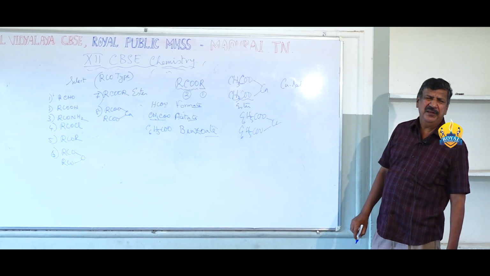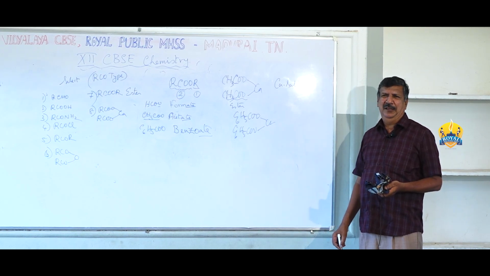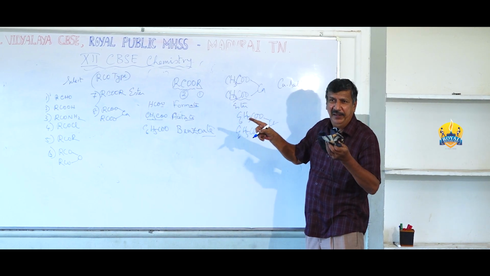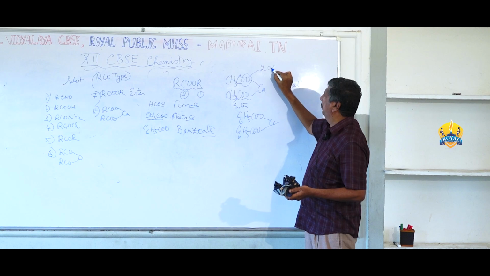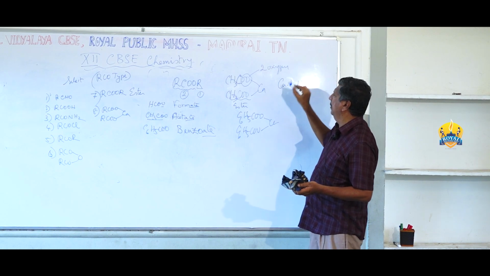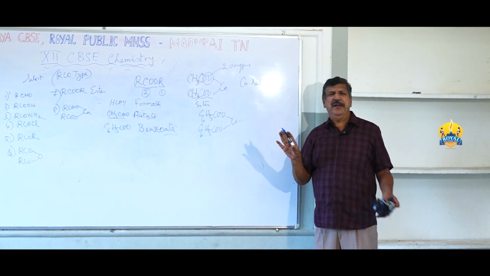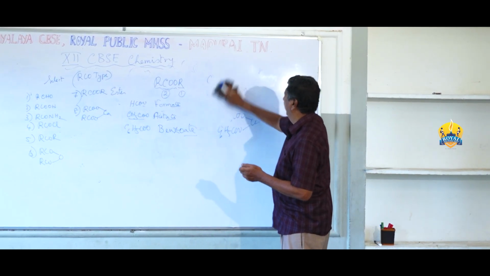Calcium formate, calcium acetate, calcium benzoate, that's all. But in these calcium salts, don't forget you'll be having 2 oxygens. That you should be very careful. So, okay, calcium salts are over.